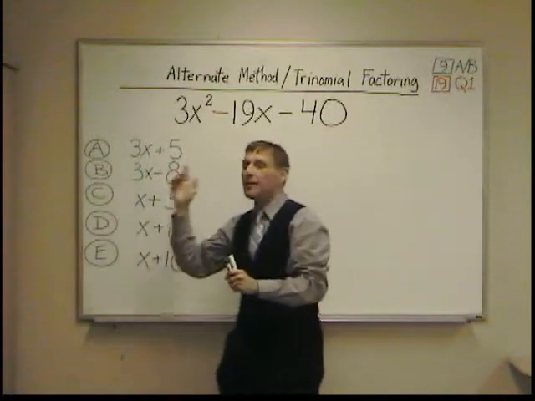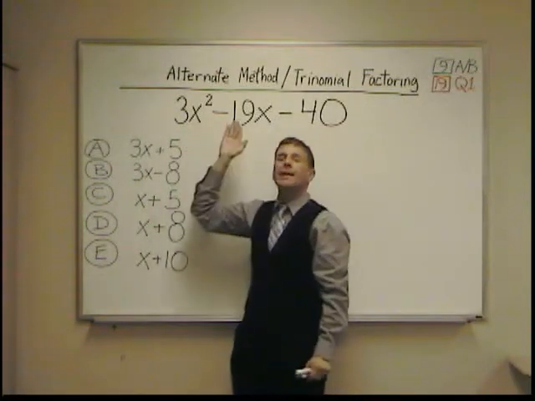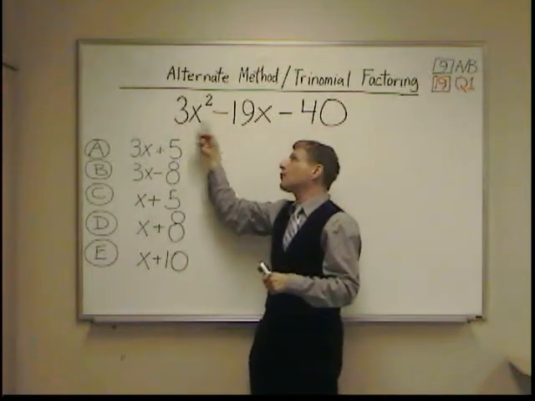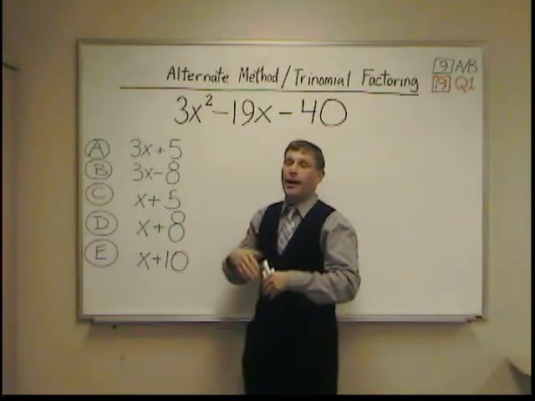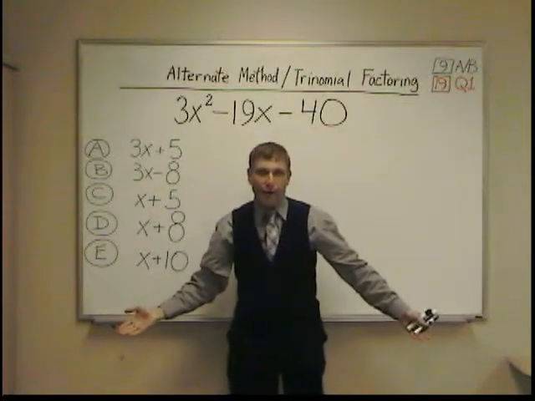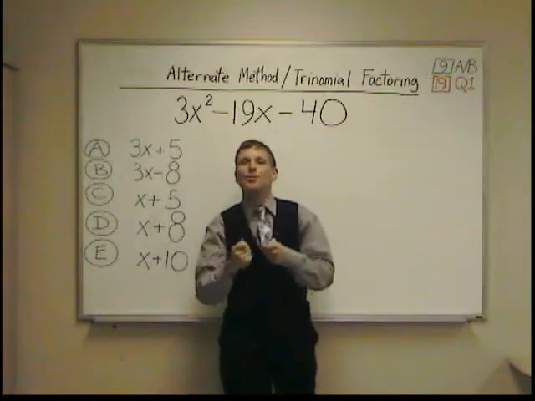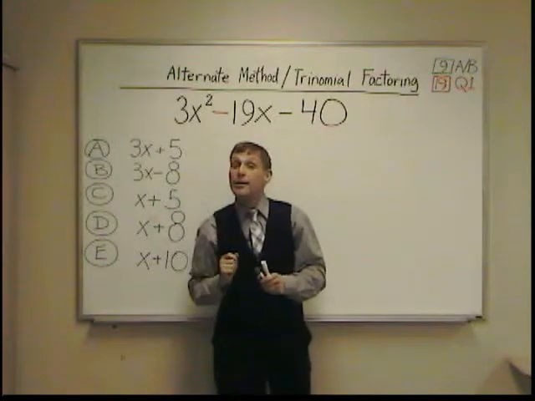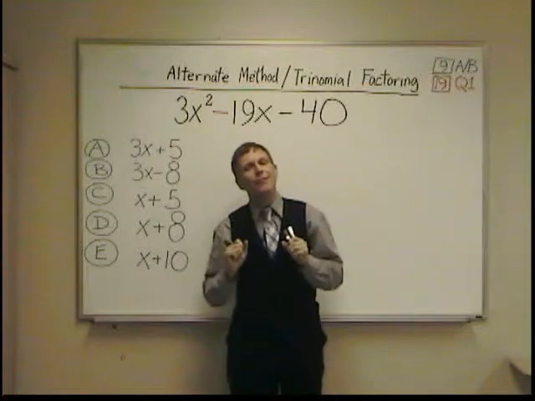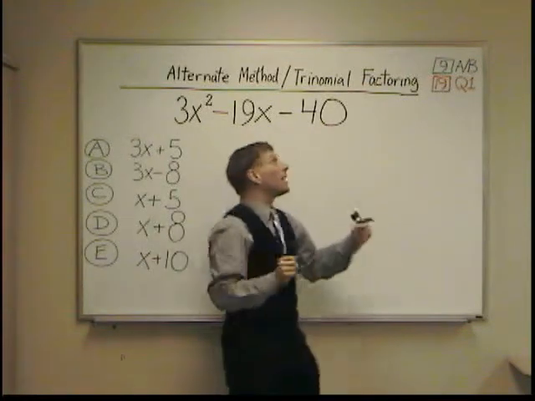But here, the lead number is not 1. If that lead number is 2x squared, 3x squared like we have, 5x squared, then you can't simply do it that way. But when you do factor, you're going to create two sets of parentheses, like a FOIL.